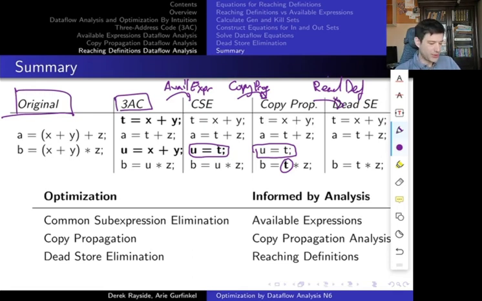And as was pointed out in one of the questions, each of our optimizations is not necessarily super optimal. That is, each optimization may allow for another optimization to proceed, and the other optimization doesn't even have to be a different one. So for example, if we run one iteration of dead store, we removed some statements, and therefore we removed some uses, and therefore we possibly made other things dead.